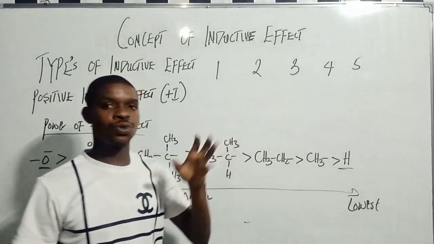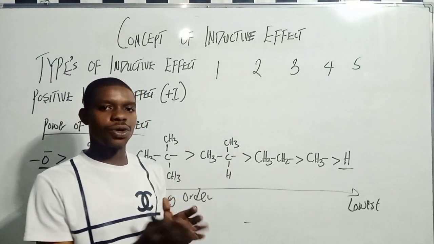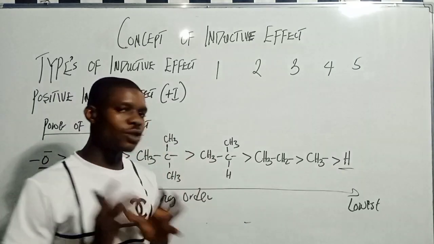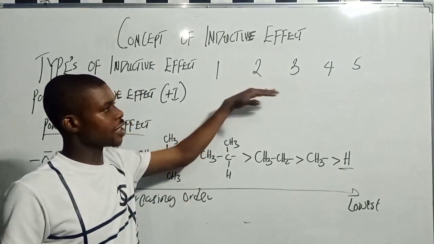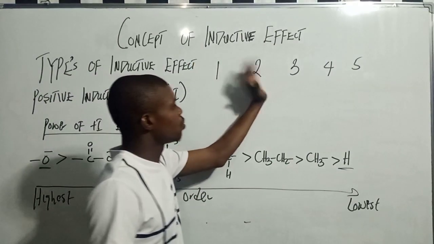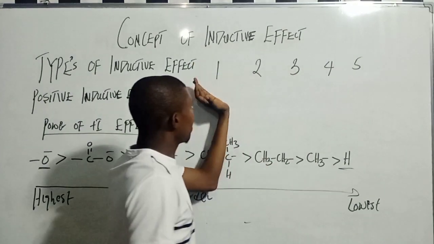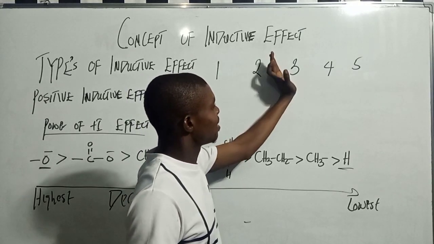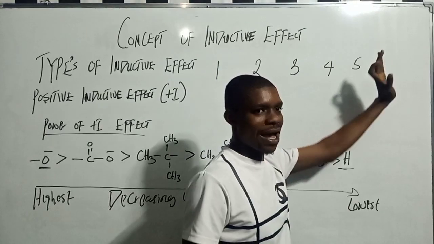So many students have issues ranking in order of increasing or decreasing, so that should not confuse you here. This is what I'm going to explain to you. When we move from 1, 2, 3, 4, 5, 1 is less than 2, 2 is less than 3, 3 is less than 4, 4 is less than 5.